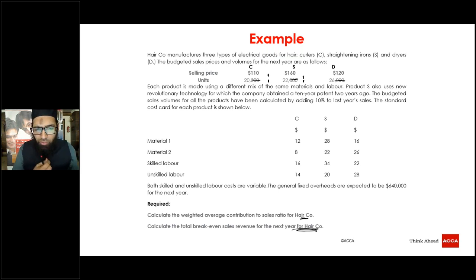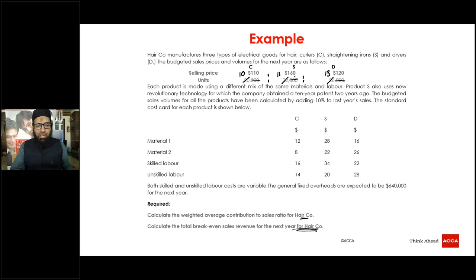All of these three are divisible by 2. So 20 divided by 2 is 10, 22 divided by 2 is 11, and 13. So 10 units of C, 11 units of S, and 13 units of D will be my constant mix.